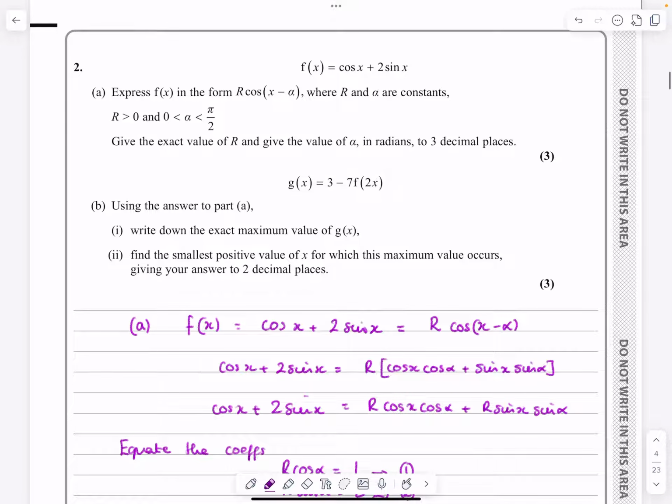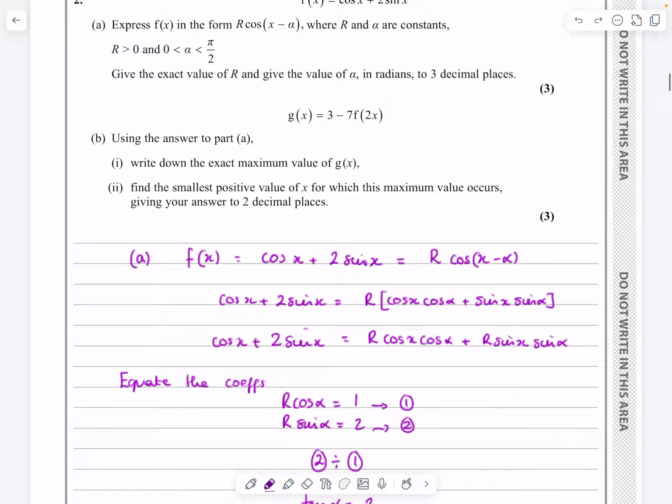Part B says g(x) is 3 minus 7 lots of f(2x). Can we use A to work out the maximum value of g, and then when that occurs, what the smallest positive value of x is for which that occurs? Again, this is a relatively standard piece of work to do here.